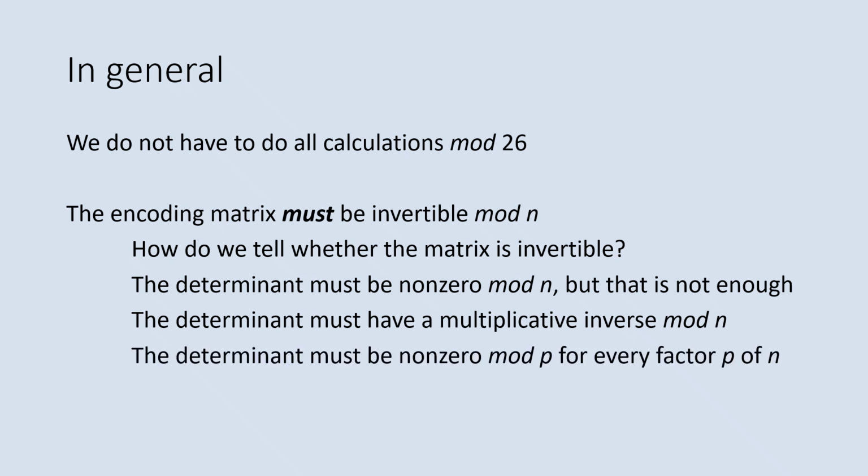But another way to tell is that the determinant must be non-zero mod p for every factor p of n. Typically p you think of as being a prime. We just want to make sure that for every factor of the n that we're choosing, the determinant has to be non-zero mod that factor.